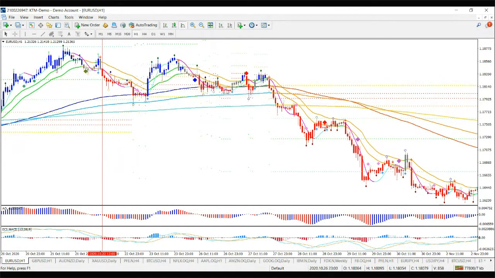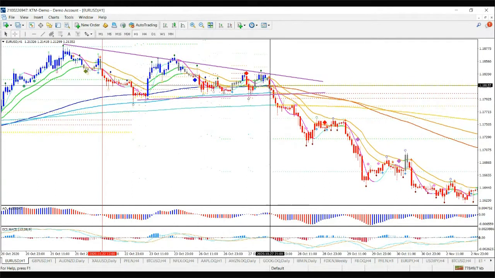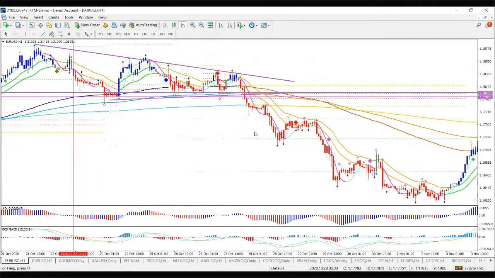So these red candles here, second, third time, make it more likely that this is going to break to the downside and break this descending wedge lower and break below that 144, 233 long-term moving average zone. And that's what we get. So any of these red candles or breaks below these fractals could make sense for a trade to the downside.